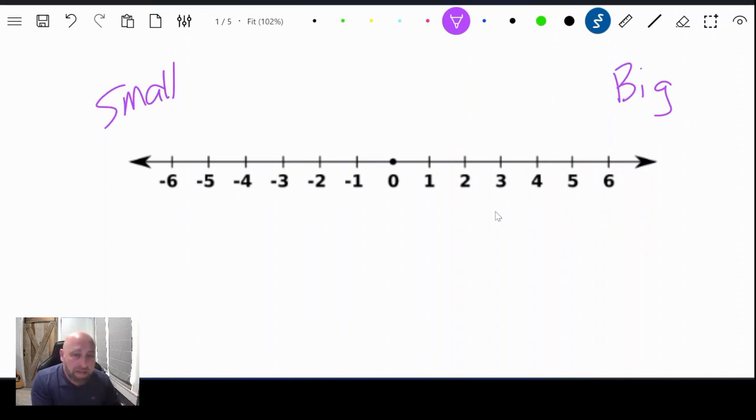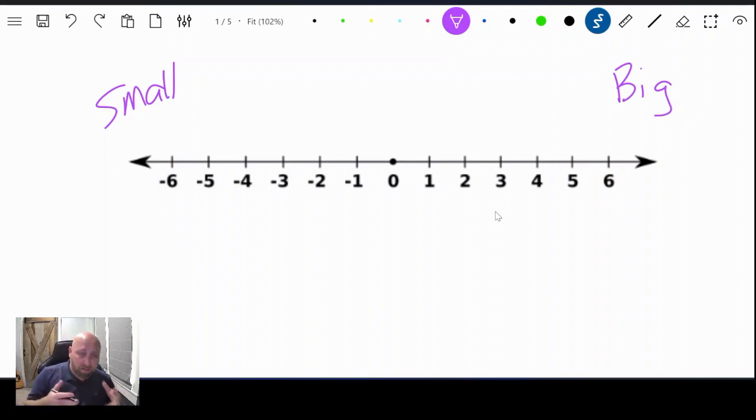If I have negative $2, that is a smaller amount of money than $1. It's a smaller amount of money than negative $1. So it's a smaller amount of money than $0. Because for every number I go in reverse, in backwards, I'm owing you more money.